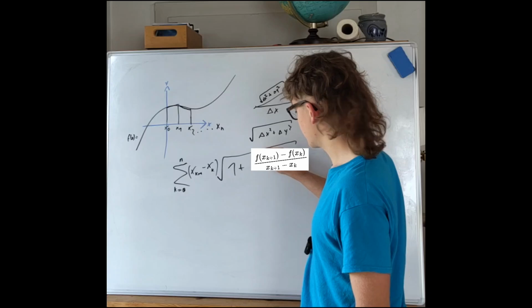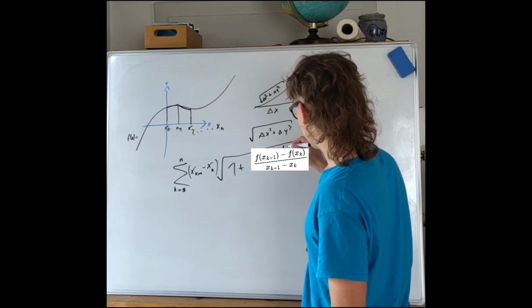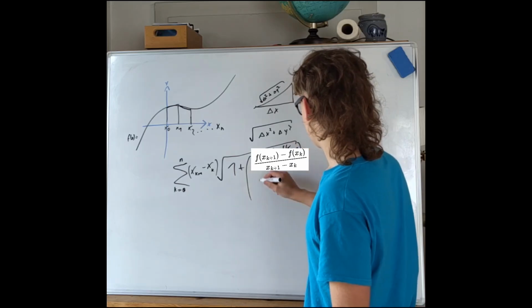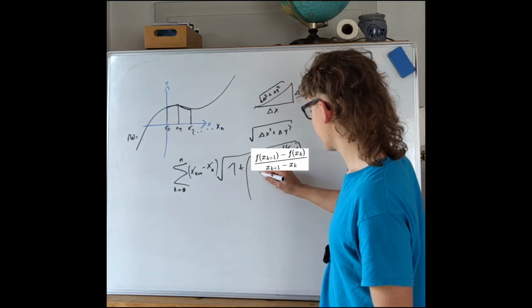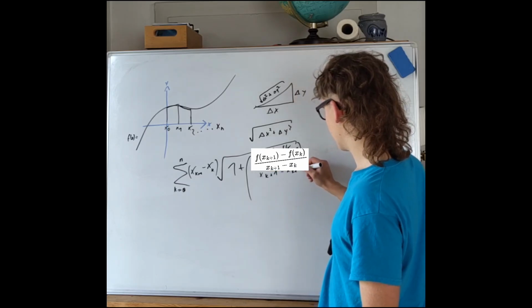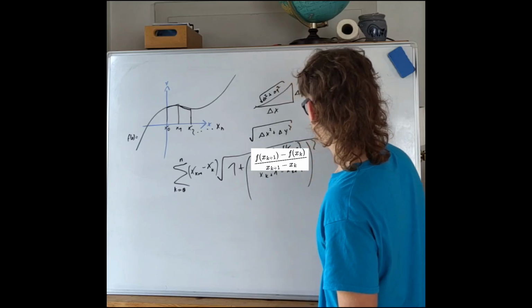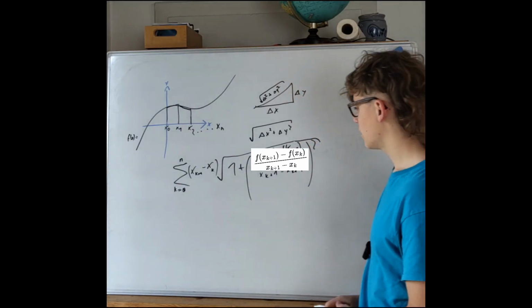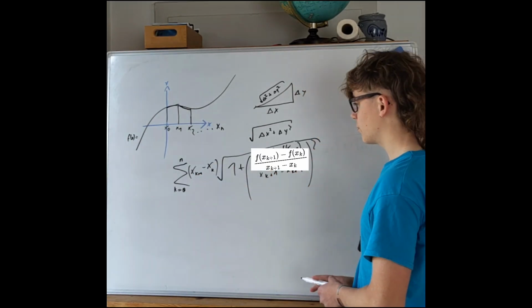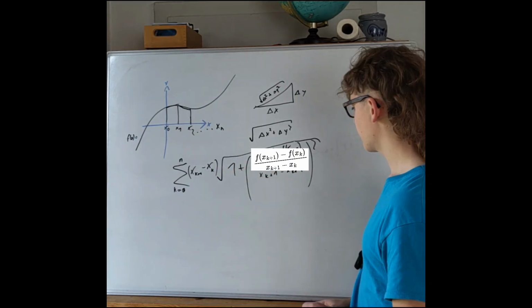And delta y is just f of x_(k+1) minus f of x_k, and then we divide this by x_(k+1) minus x_k, all of this squared, right? And what you might notice is that this is a sum of infinitely small parts. So we can later just use an integral sign for this.